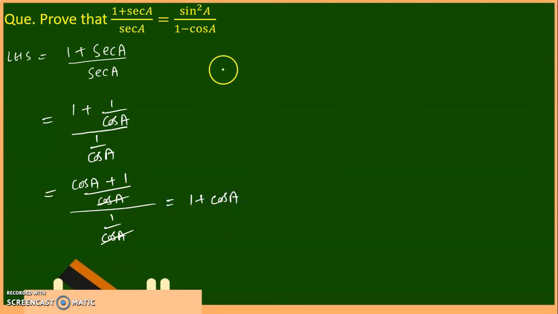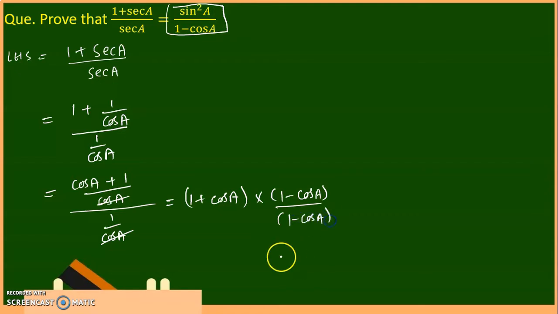Now if you observe, on the right hand side we have to prove sin square A upon 1 minus cos A, and here we got 1 plus cos A. So if you multiply it with 1 minus cos A and divide with 1 minus cos A, here in the denominator we will get 1 minus cos A, and in the numerator (1 plus cos A) into (1 minus cos A), that becomes 1 minus cos square A. We use the identity (A plus B)(A minus B) becomes A square minus B square.